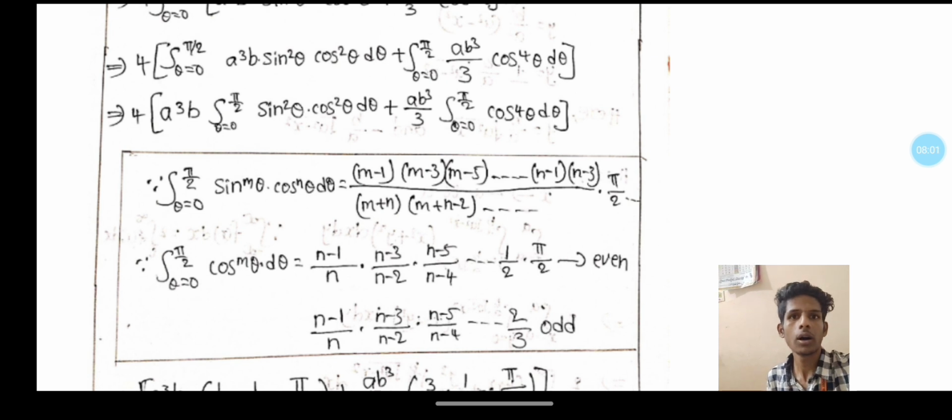Again it is in the form of integration of theta from 0 to pi by 2 cos n theta d theta equals (n minus 1) by n into (n minus 3) by (n minus 2) into (n minus 5) by (n minus 4) into 1 by 2 into pi by 2, when n is even. Again when n is odd, (n minus 1) by n into (n minus 3) by (n minus 2) into (n minus 5) by (n minus 4) into 3. It is an odd one.